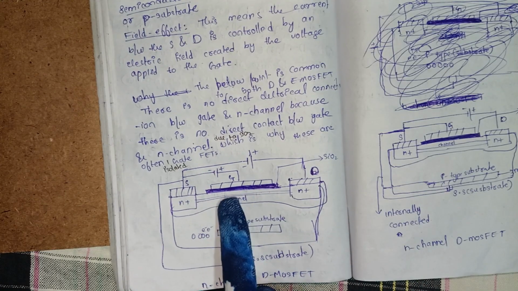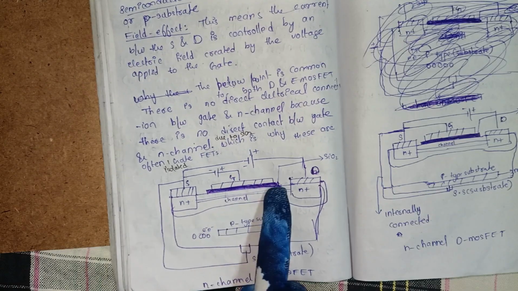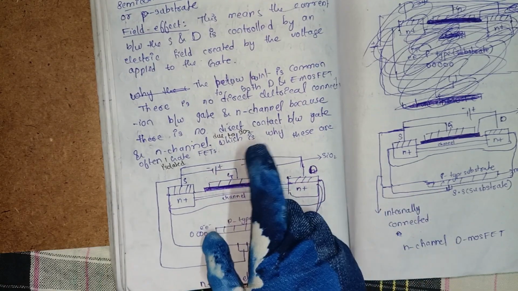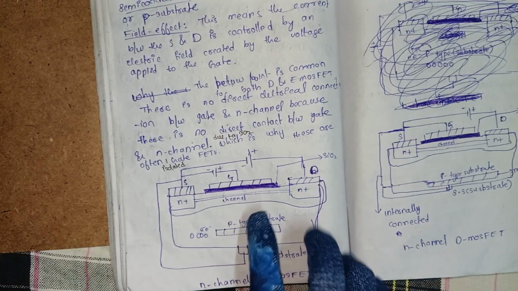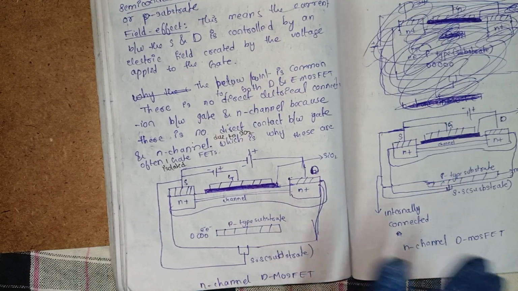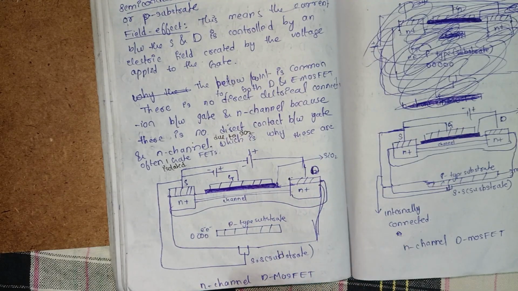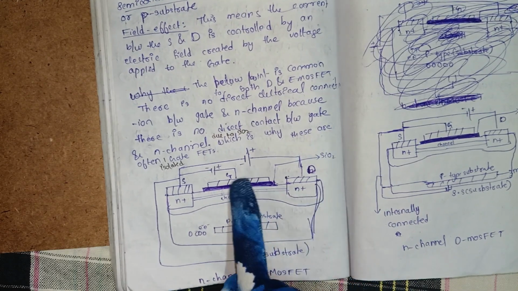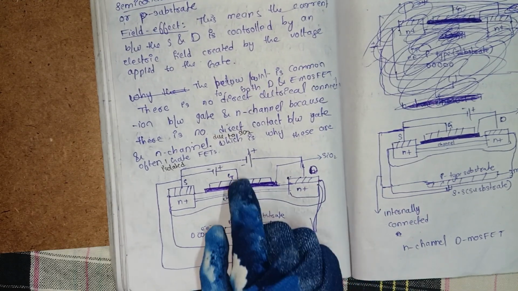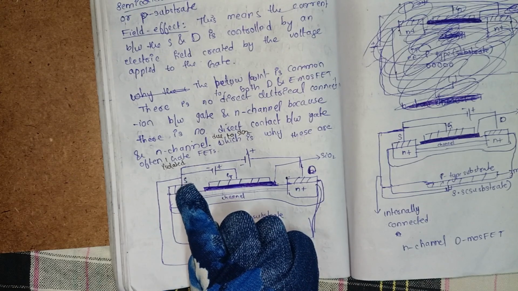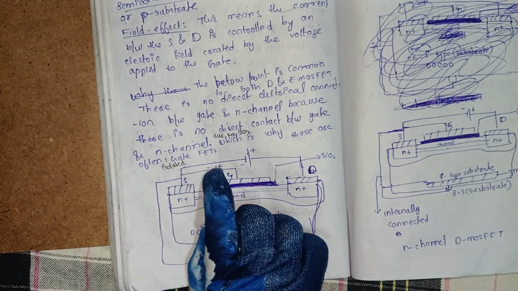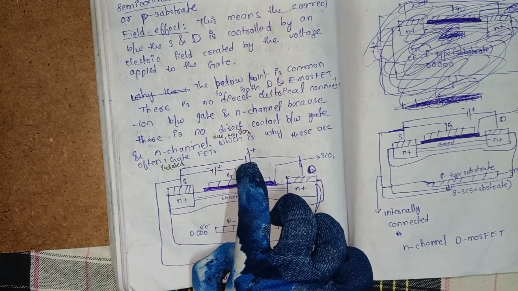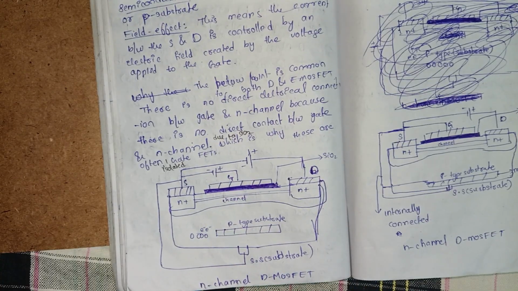And this is the pre-existing channel, meaning before applying any voltage, this channel exists. And here is the silicon dioxide, the gate terminal is there, and the gate to source voltage is there, and the drain to source voltage is there. Okay.